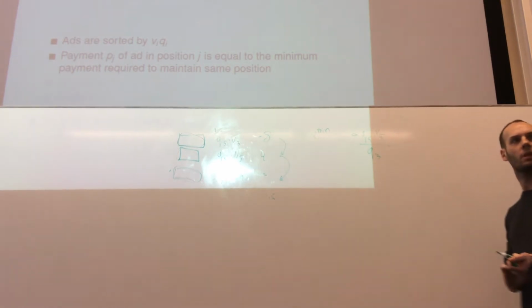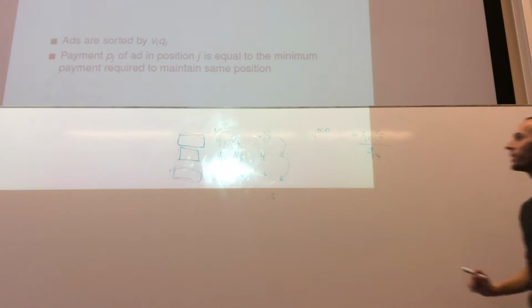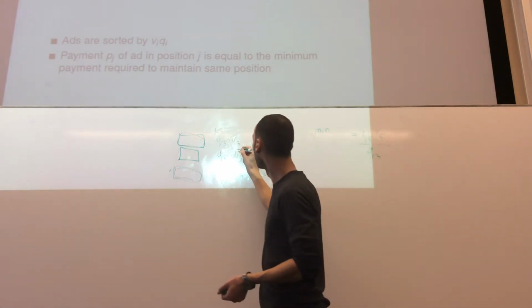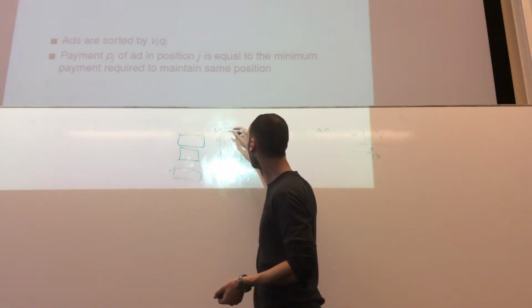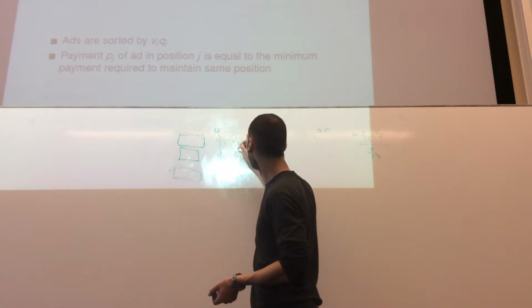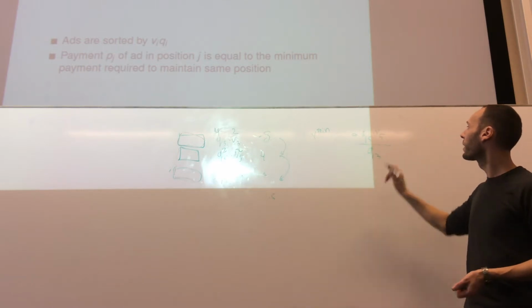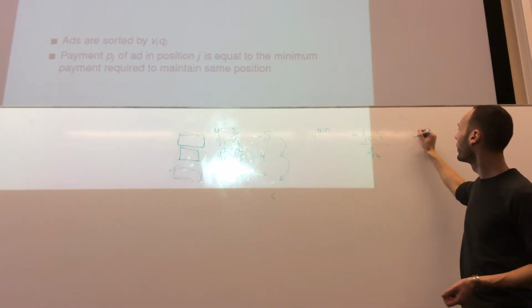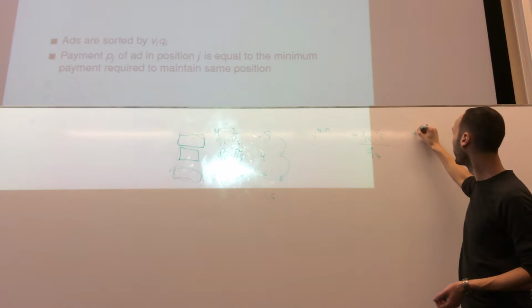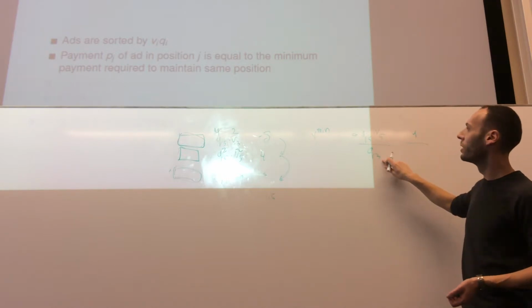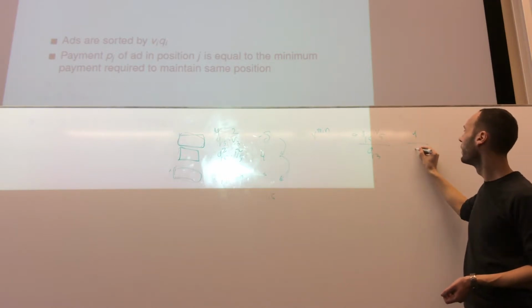So this is how we determine the minimum value that we need to report in order to maintain the same position. Okay? So if this was 4 here, and maybe this is 2 and 2 or something like that, in this case Q5 and V5 is 4. We already know that. Divided by Q3, which was 4.